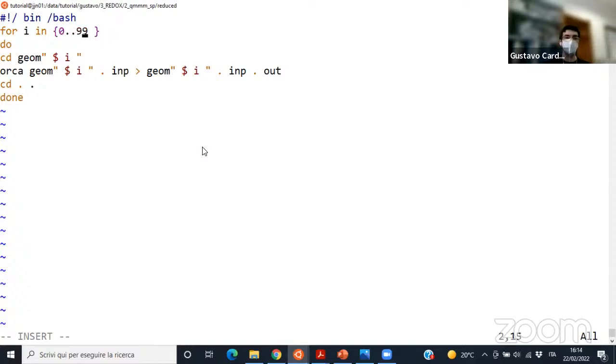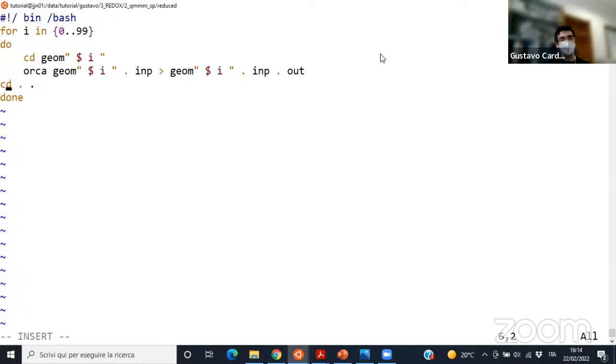Basically, we're going to iterate through this range from 0 to 99. I just like to indent things to see them more nicely, but for this scripting or programming language, this is not necessary. It's bash.